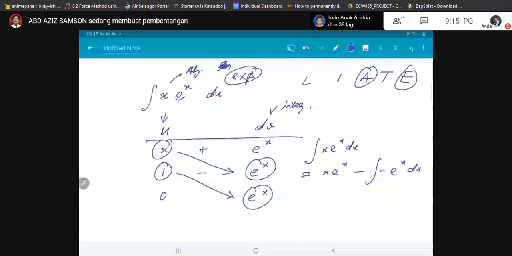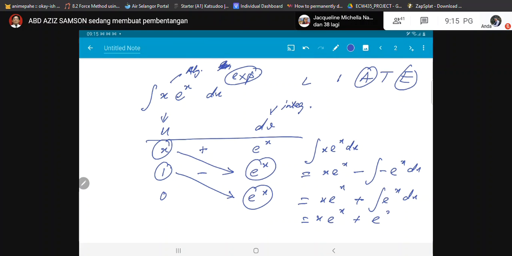So that means it will be just x e to the x plus e to the x dx. So in the end, we can simplify this as x e to the x plus e to the x plus a constant. Right, can you understand this?